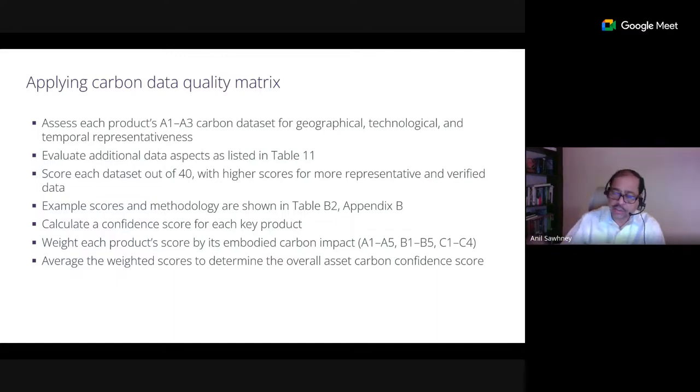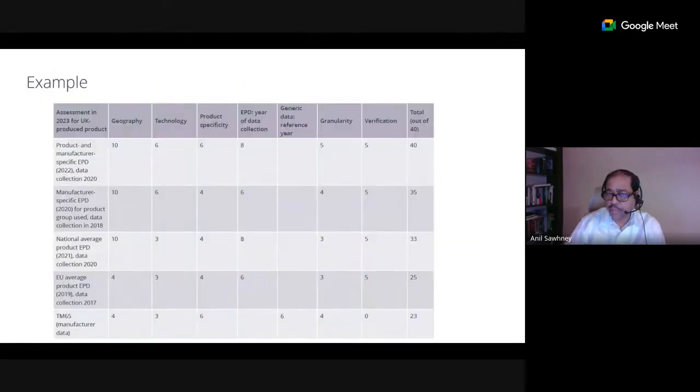Each material is going to get a score out of 40. Then you're going to find a weighted average. The weighting is done based on how much embodied carbon that particular material has. So that average weighted score is used to determine the overall carbon confidence score. It looks a bit complicated, but this is how it is.